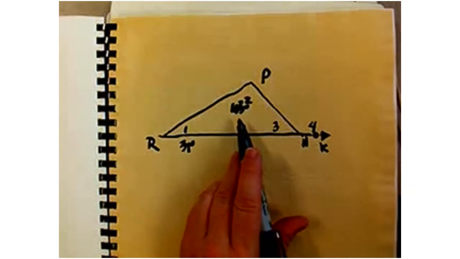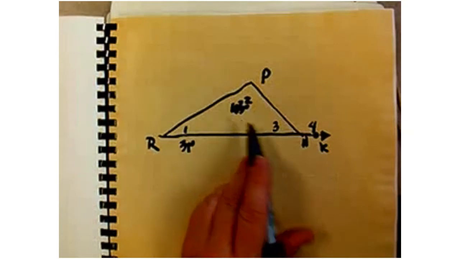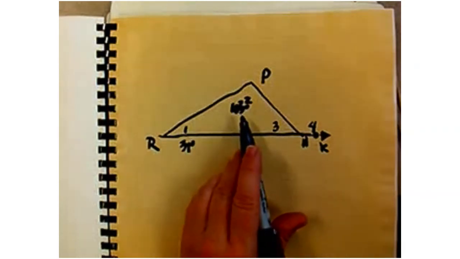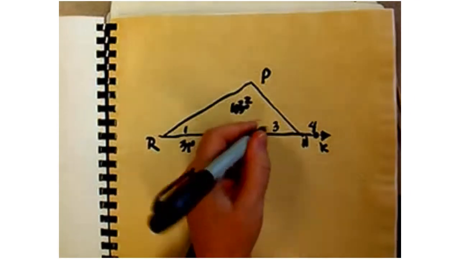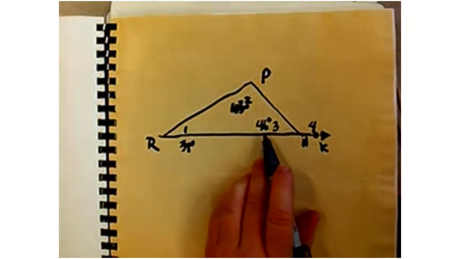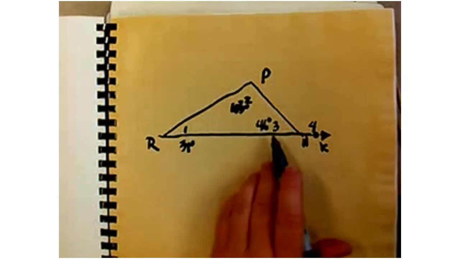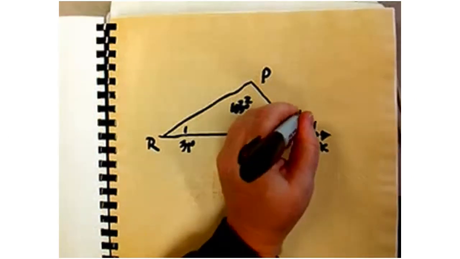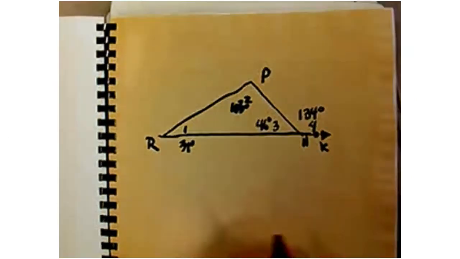Subtract that from 180, and we could get the measure of angle 3. So 31 and 103, 134, from 180, what do we get? 46, right? 46 degrees. And then you know by the linear pair rule that if you were just given that, you could figure out number 4. Well, 180 minus 46, oh, check that out. We get 134 degrees. Aha!